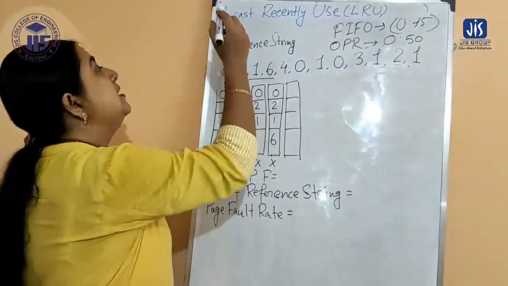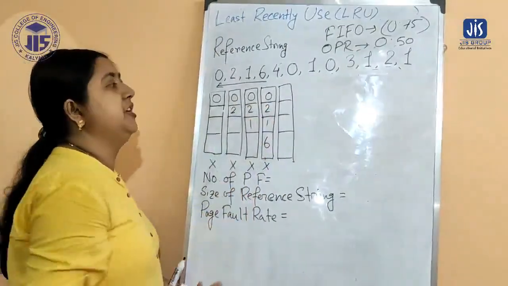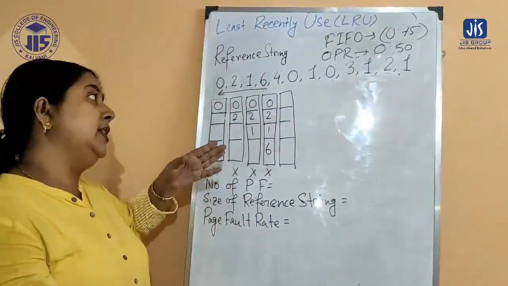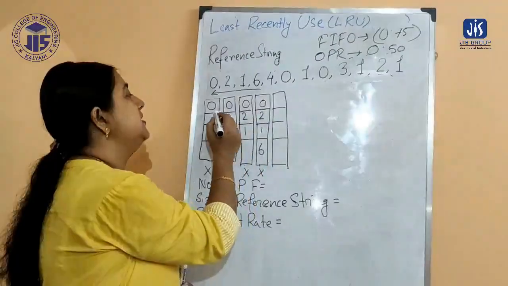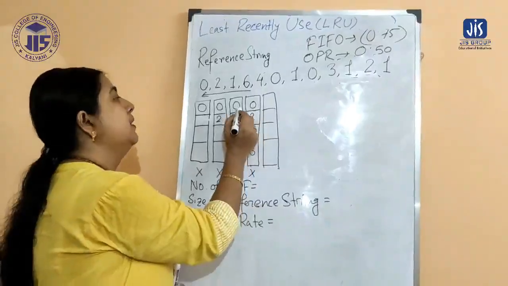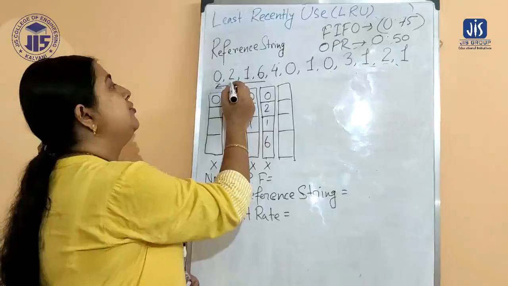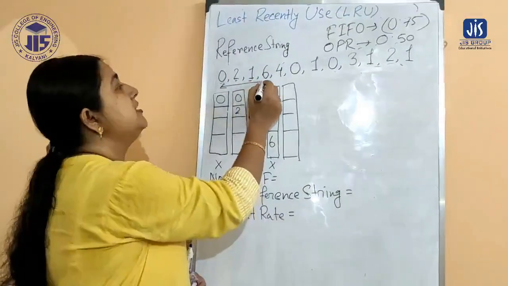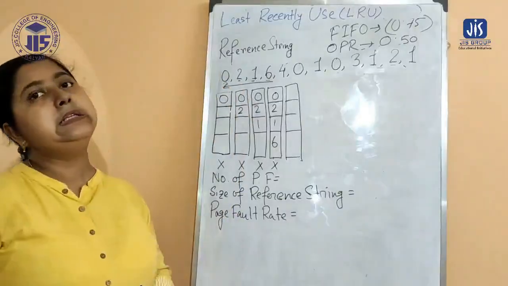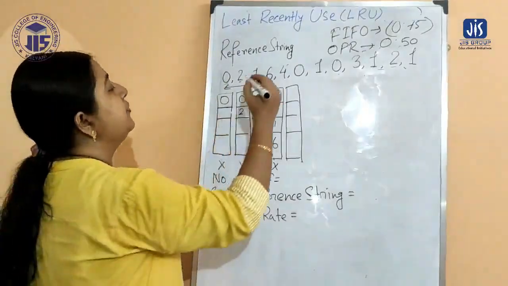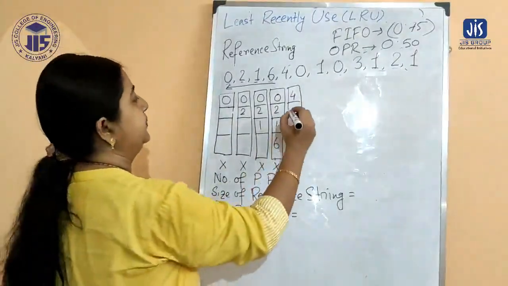That means least recently used. So here I can see 0 is used here. 2 is used here, 1 is used here, 6 is used here. So obviously 0 is the least recently used. So 4 is going to replace 0.